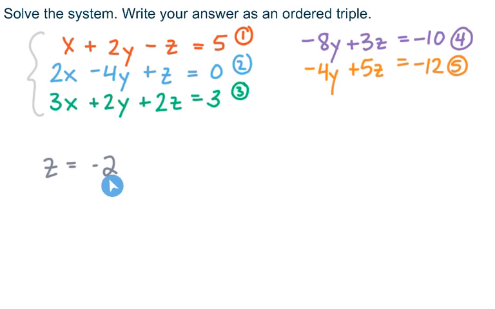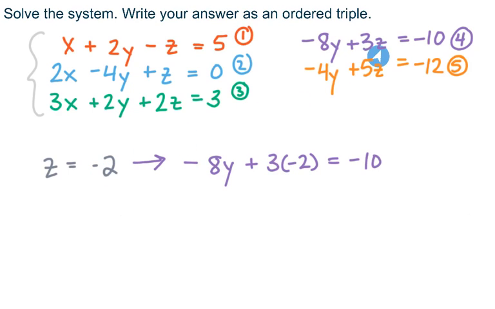Using z equals negative 2, I can plug that into either equation 4 or 5 and find y. Plugging z equals negative 2 in for z in equation 4 gives me negative 8y plus 3 times my z value, negative 2, equals negative 10. Simplifying this, I have negative 8y minus 6 equals negative 10.